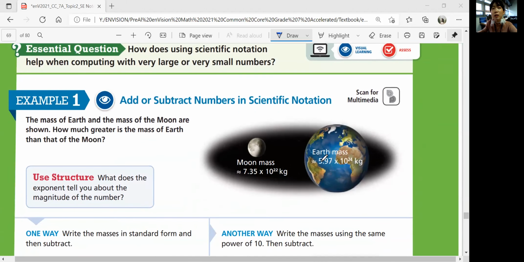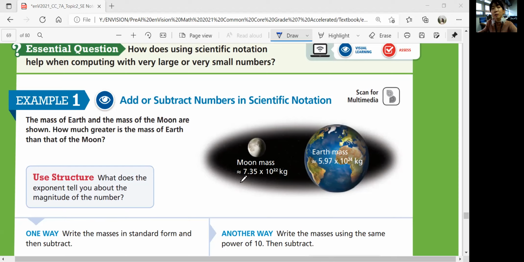The mass of Earth and the mass of the moon are shown. How much greater is the mass of Earth than that of the moon? Earth has a mass of about 5.97 times 10 to the 24th kilograms. The moon's mass is 7.35 times 10 to the 22nd power kilograms.